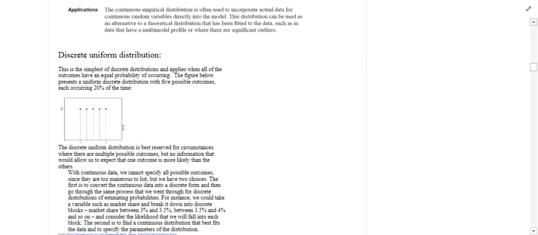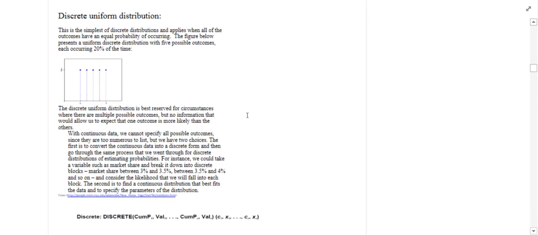So maybe I use this early on because I don't know much about it. So I'm going to assume that I have these 5 outcomes or these 10 outcomes, whatever it might be, and that the probability of any of those occurring is equal to each other. That would be where you might use something like this.